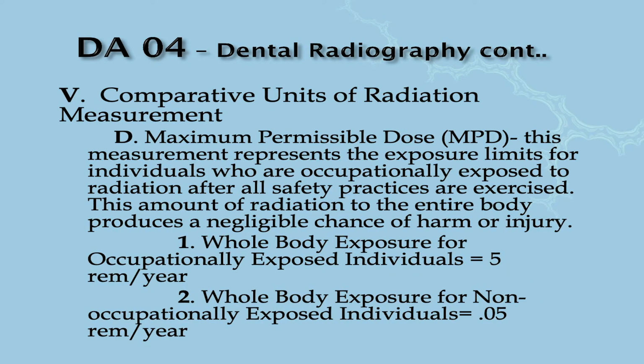And the maximum permissible dose, or MPD, is the measurement that represents the exposure limits for individuals who are exposed during work to radiation. That amount of radiation to the entire body actually produces a negligible chance of harm or injury.